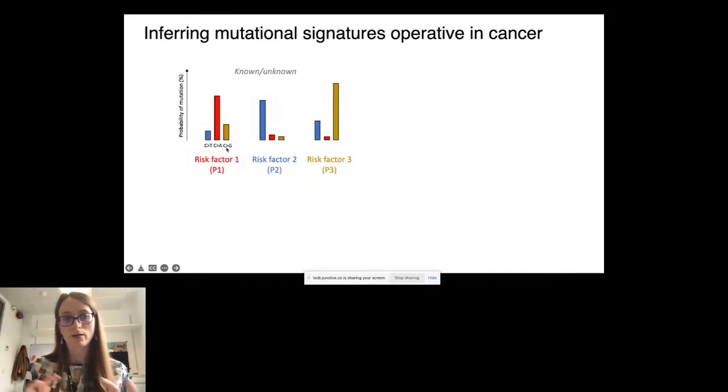So we have these different risk factors. Let's say we have 3 different risk factors that are acting upon a genome, and they tend to induce different types of substitution. So the red risk factor will induce mostly C2A substitutions. The blue risk factor will induce mostly C2T substitutions, and the green risk factor will induce mostly C2G substitutions, but also a little bit of C2T substitutions.